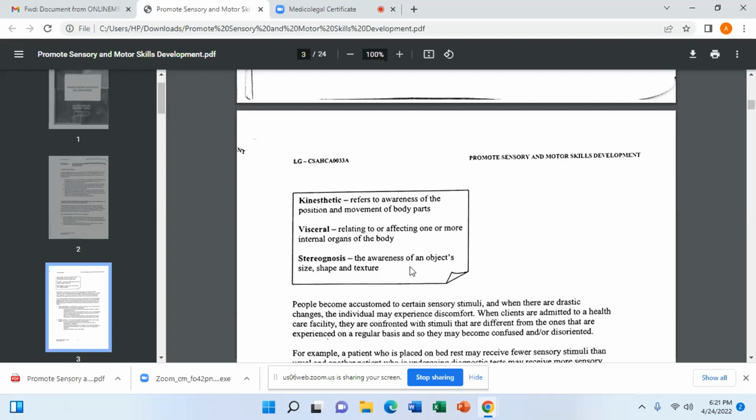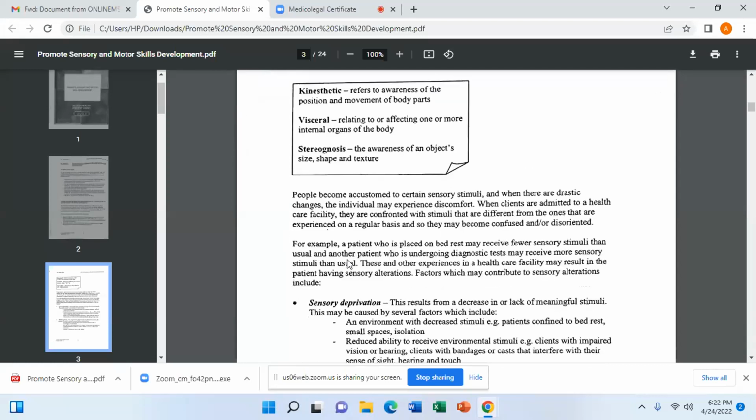And stereognosis is the awareness of an object's size, shape, and texture, right? So those are some of the sensory issues that may arise. Problems with kinesthetics, problems with visceral pain or visceral problems, problem with stereognosis. Right?